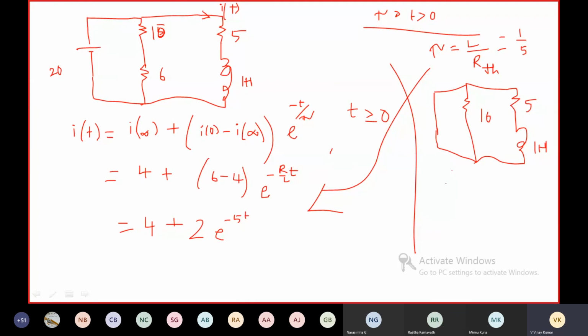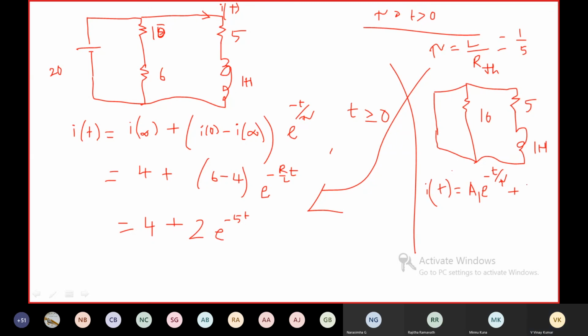You can also use that formula. The complete solution for a non-homogeneous differential equation is composed of two solutions: one is the complementary function, a1 into e power minus t by tau, and the other is the steady state solution.